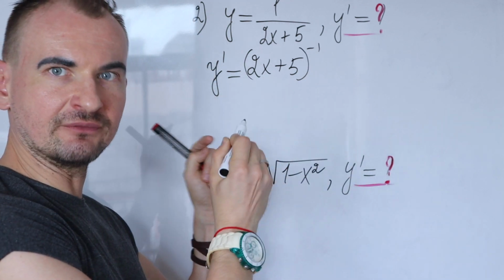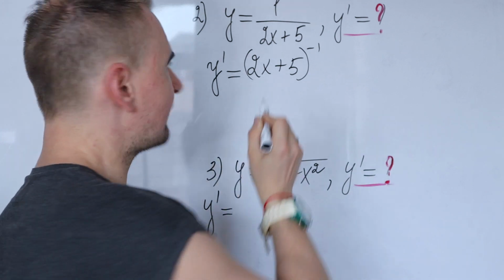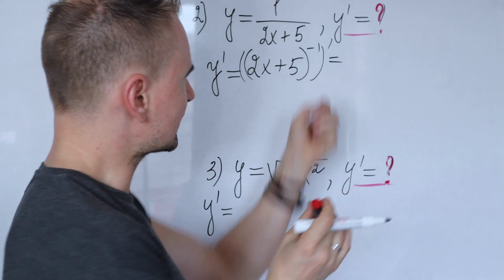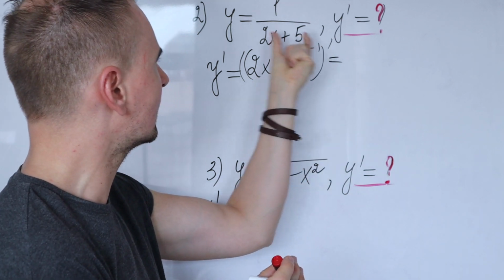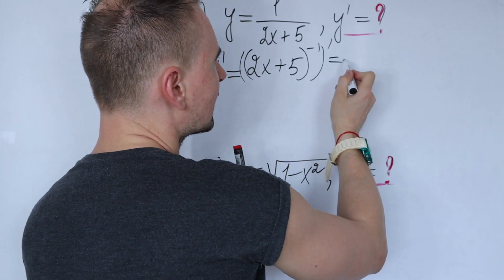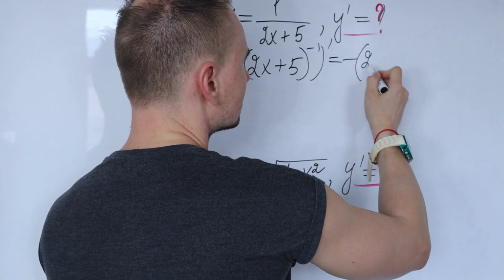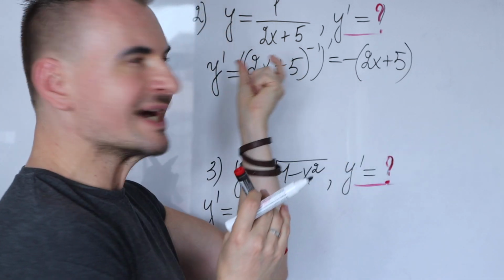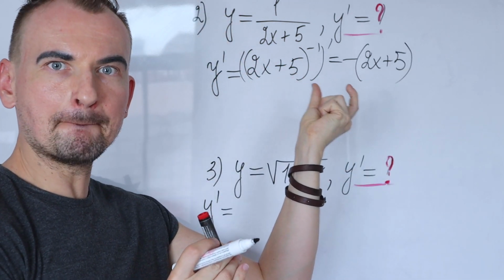And at this point, we can apply the power rule for derivatives. The power rule says you bring this power, negative 1, out front, so your term becomes negative. And you reduce this power by 1.